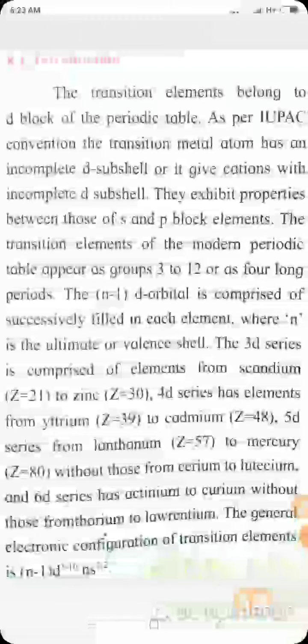And then the last series, the 6d series, has actinium to copernicium, without those from thorium to lawrencium, because thorium to lawrencium are included in the F block, which is placed at the bottom of the periodic table.